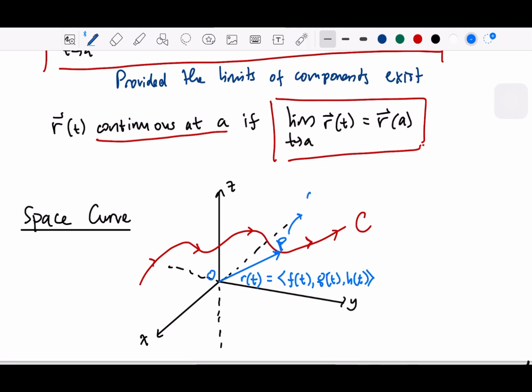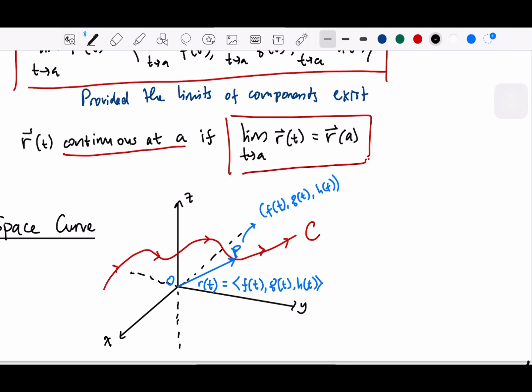Point P is (f(t), g(t), h(t)). Now we can write the point in terms of x equals f(t), y equals g(t), and z equals h(t).